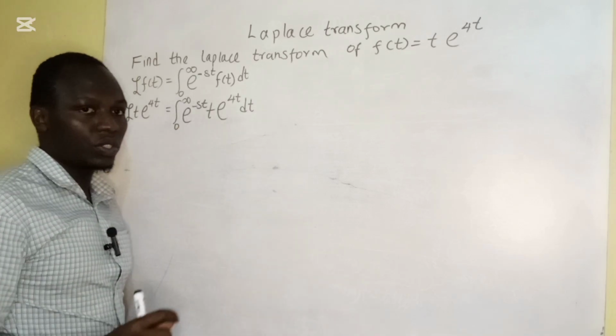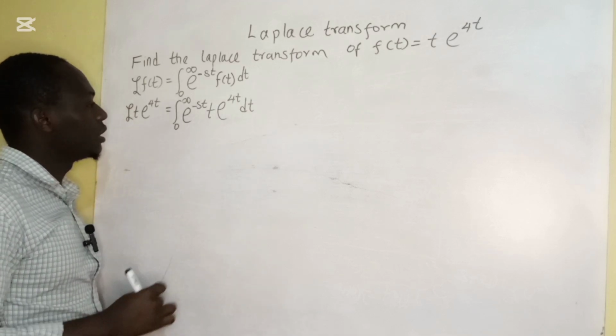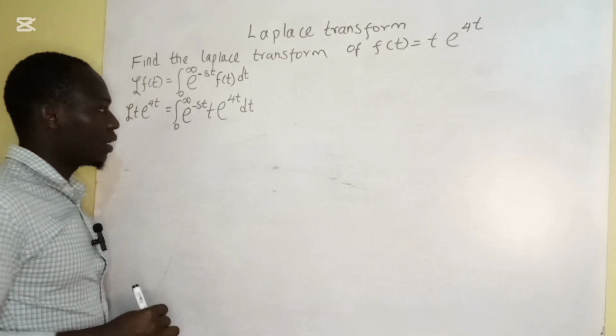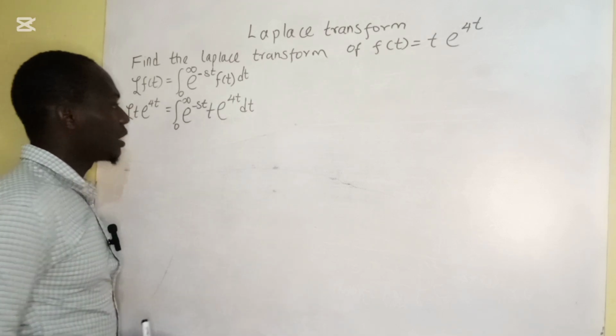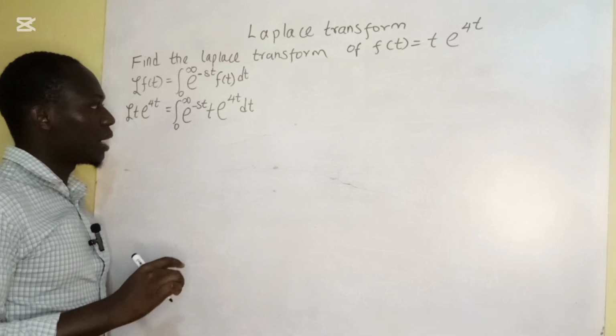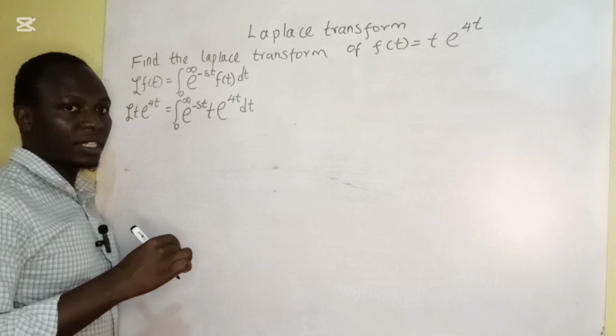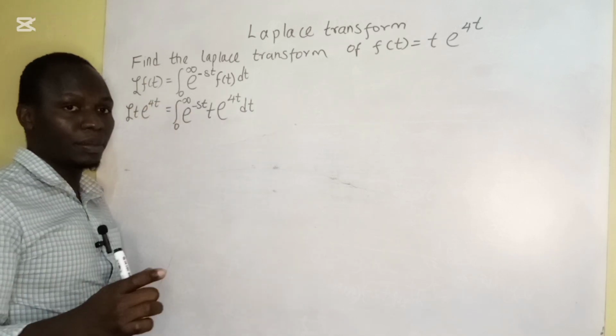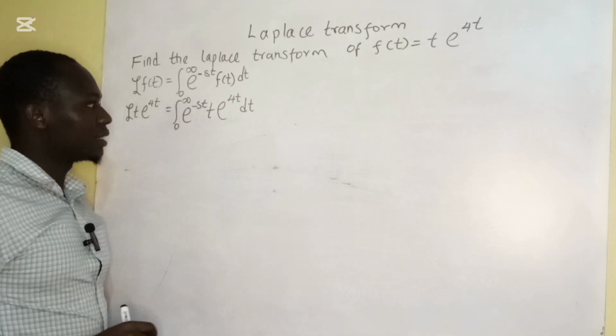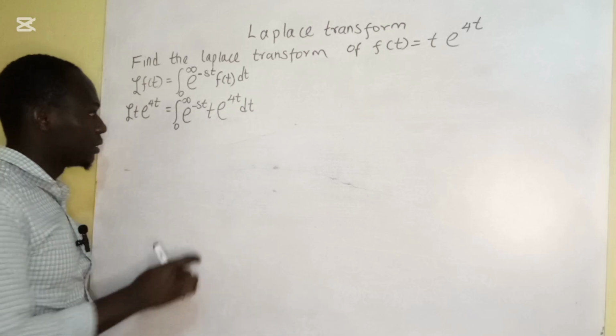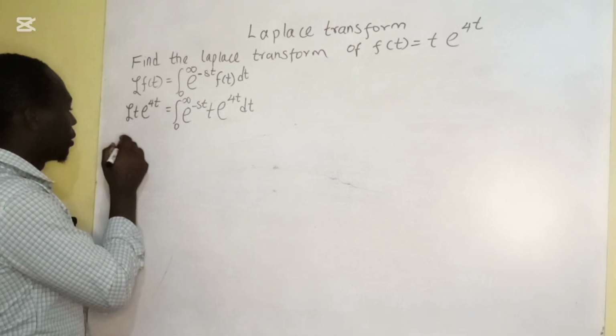Here we are going to use the laws of indices, whereby when the bases are the same, we take one of the bases, but since it is a multiplication, we add the powers. And this is what I mean.